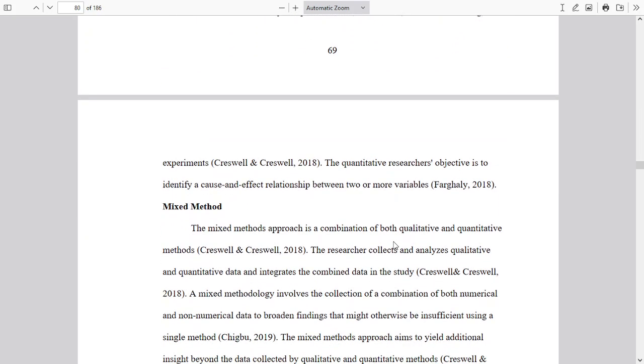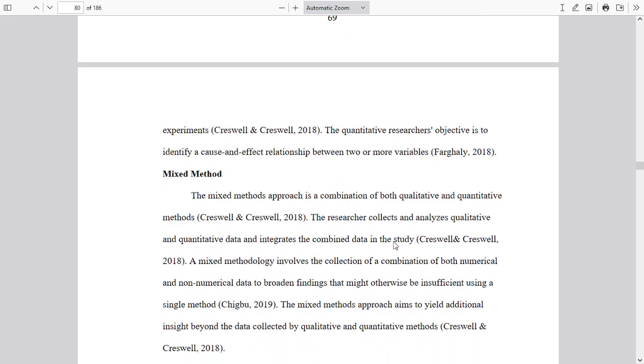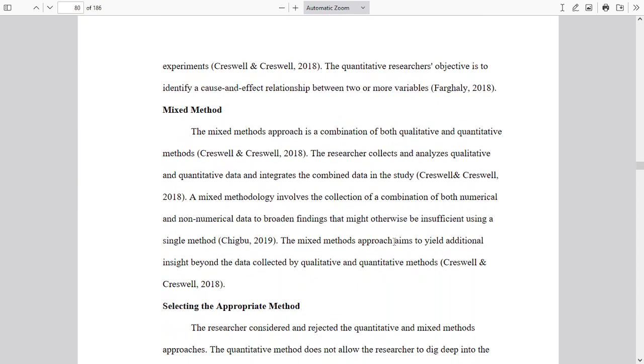And I didn't choose to do a mixed method, even though the study kind of sounds mixed method. It's still qualitative because I didn't go through certain quantitative portions in the math of my study. So there's no reason that this would be a mixed method.